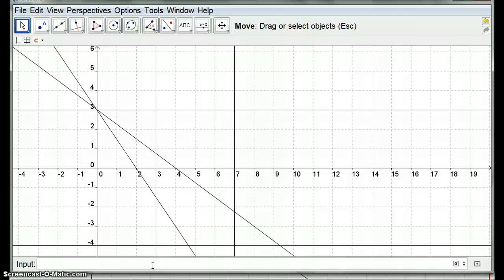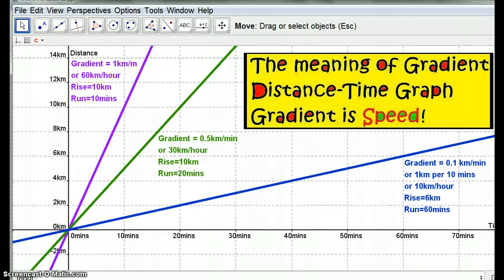Now the next thing is, what does an intersection mean between two things? So I'm just going to get a new one. Okay, so in this case here, we've actually got the meaning of gradient in a distance-time graph. Gradient's actually speed. So the key idea I want you to get today is, the steeper the line, the faster you're going.